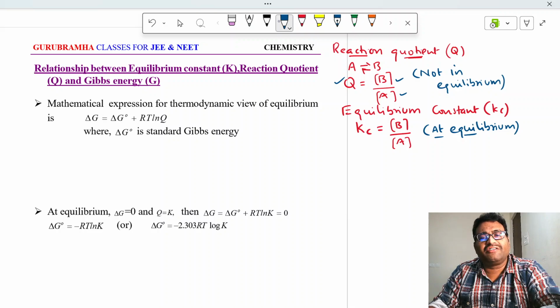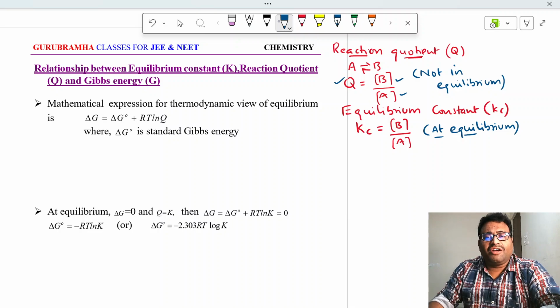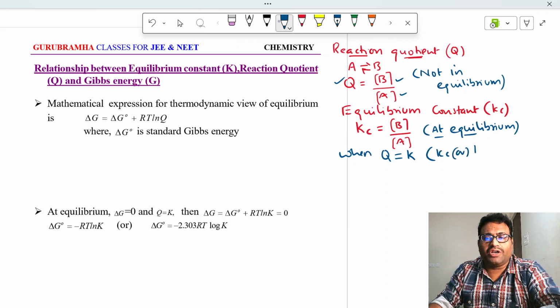K is written when the reversible reaction has attained equilibrium. Understood? Now, when Q is equal to K, whether it is Kc or Kp, when both are the same, then we say that is the condition for equilibrium.